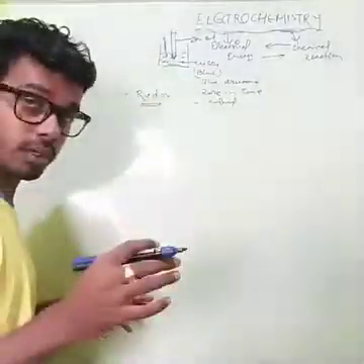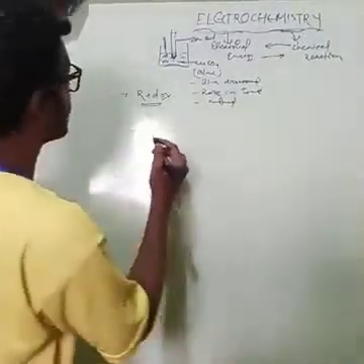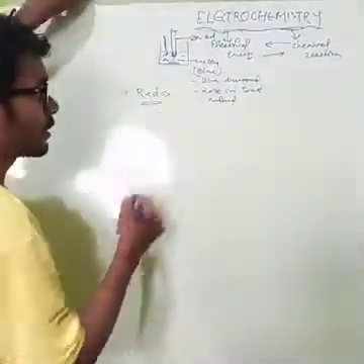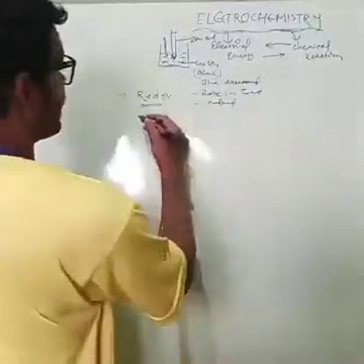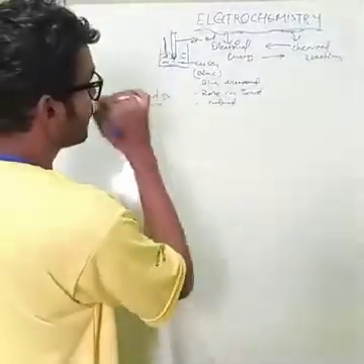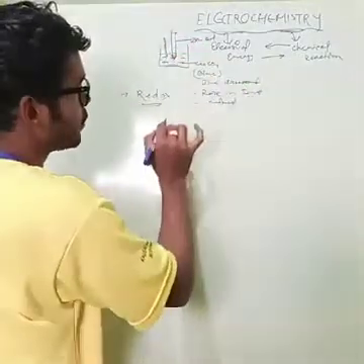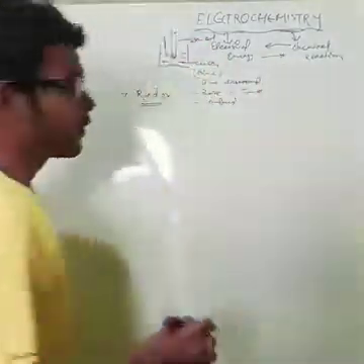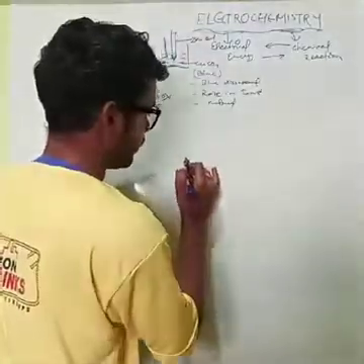If you have not read it, you have to be very clear about redox reactions. Okay, if not, watch it. So what happened here? Zinc got reduced, blue color disappeared, but we did not get any benefit. To get benefit, what did we do?